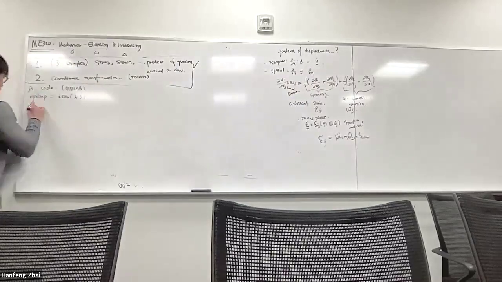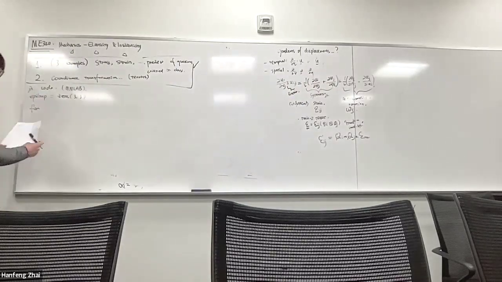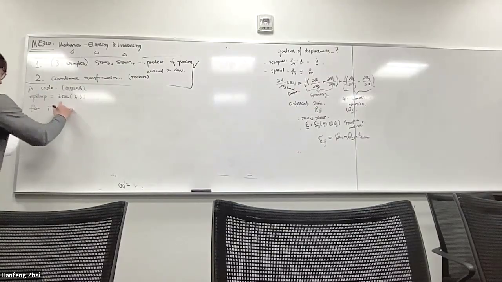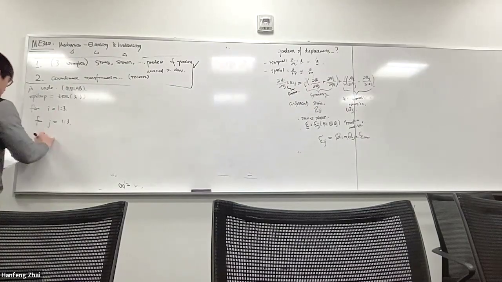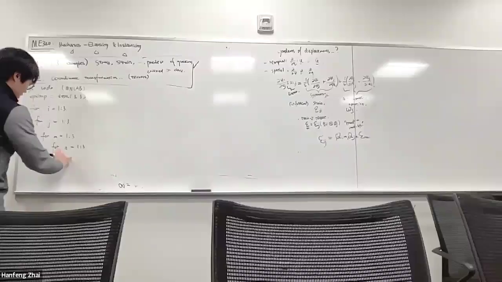So in MATLAB, we can do a for loop, and this is quite important for your homework too. There are three indices, so 1, 2, 3. For j equals 1, 2, 3. For m equals 1, 2, 3. For n equals 1, 2, 3.